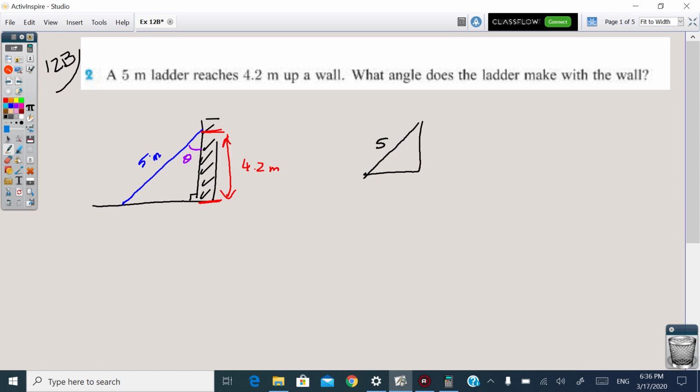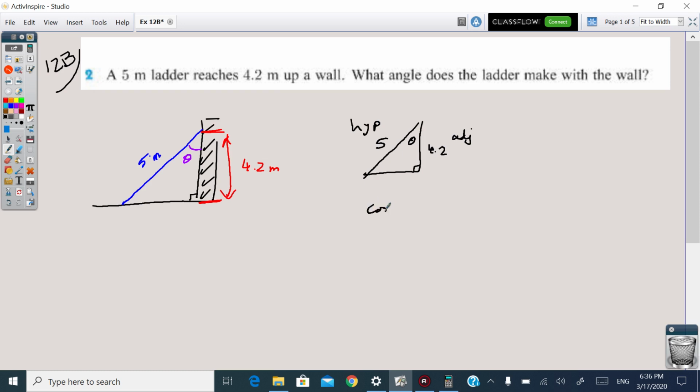This is 5 meters, this is 4.2 meters, this is the right angle, and that's the angle we want to find out. As far as theta is concerned, the 4.2 is the adjacent, the 5 is the hypotenuse, and the trigonometric ratio that connects them both is the cosine.